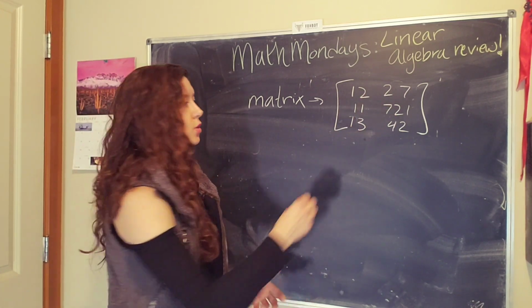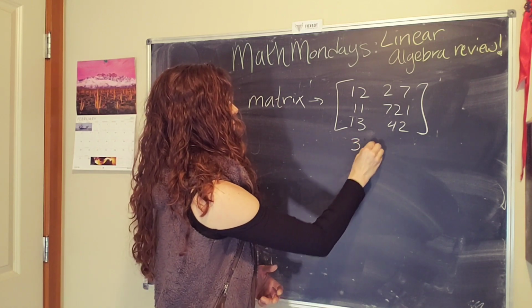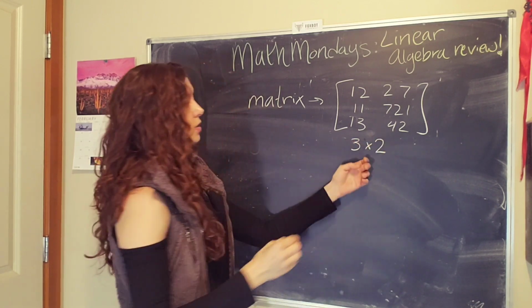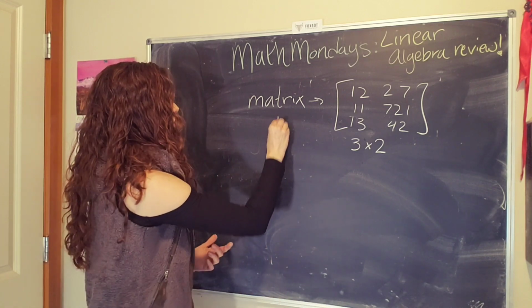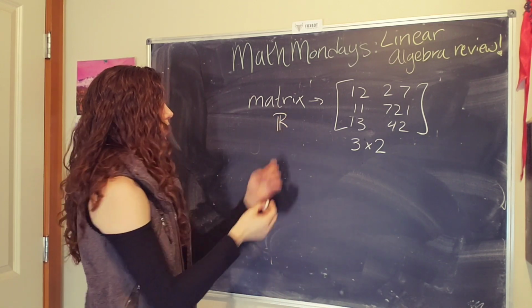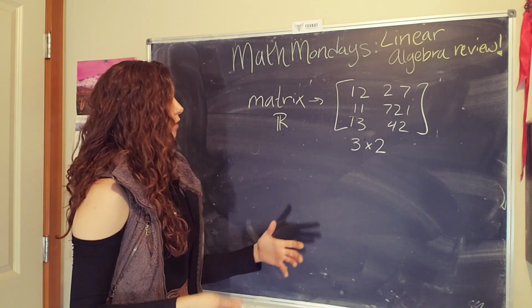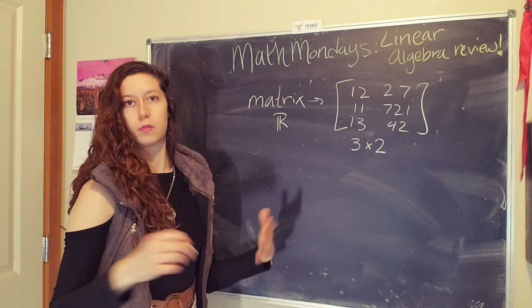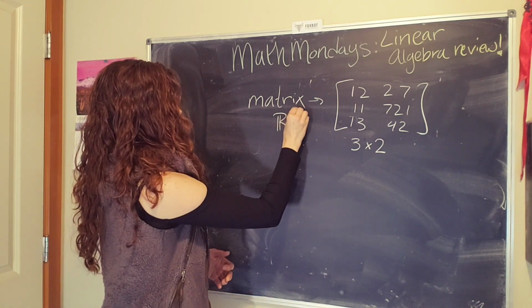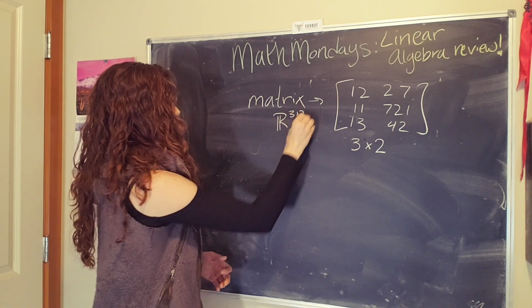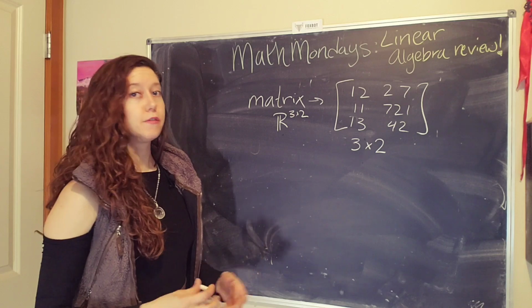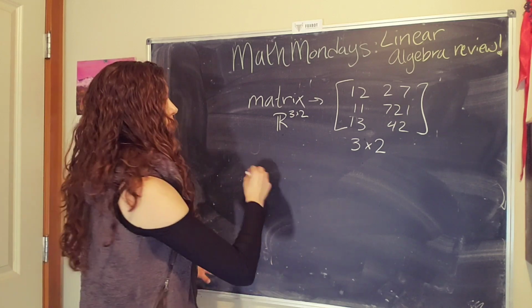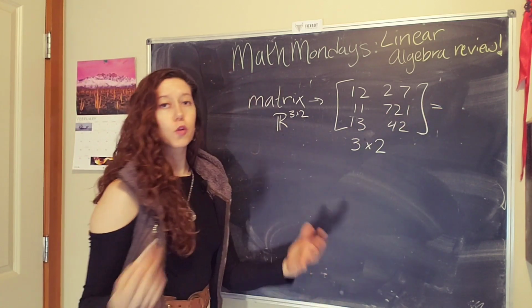So in this case, our matrix has 3 rows and 2 columns. So it's a 3 by 2 matrix. You might also sometimes see this notation, where it's a member of real numbers in the 3 by 2 space.